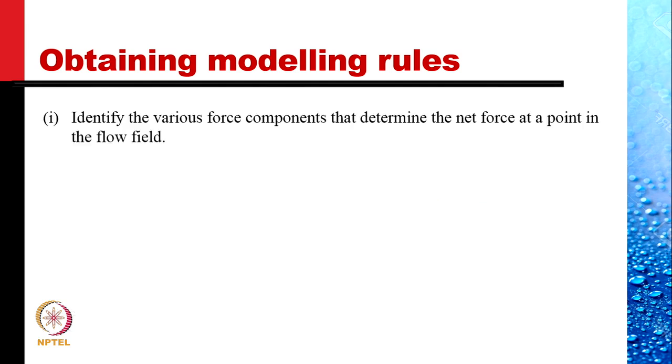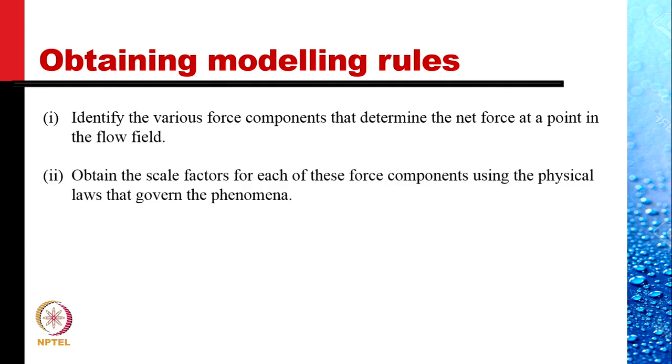So the process of obtaining modeling rules consists of identifying the various force components that determine the net force at a point in the flow field, obtain the scale factor of each of these force components using the physical laws that govern the phenomena.